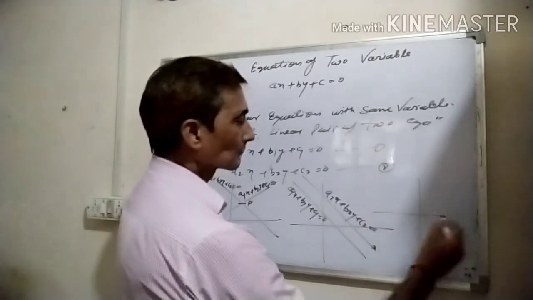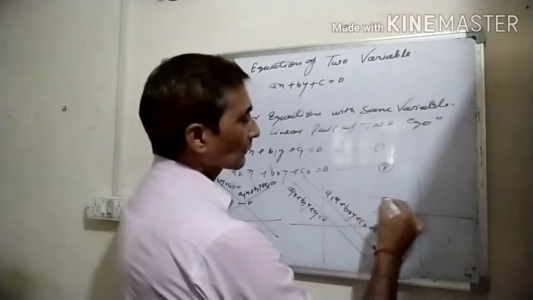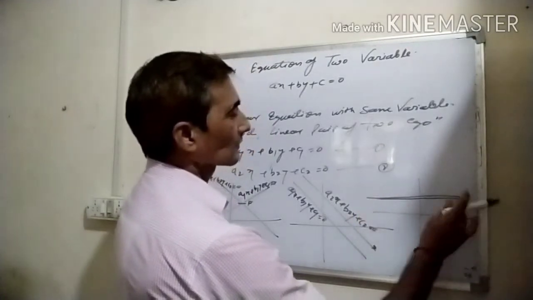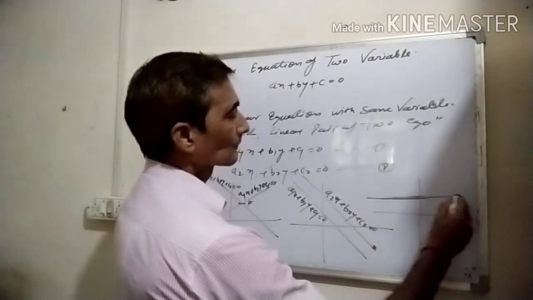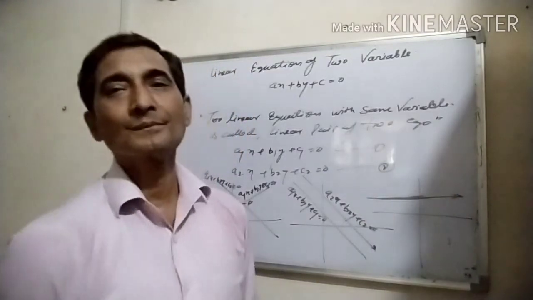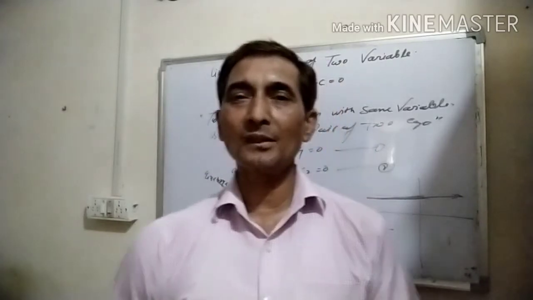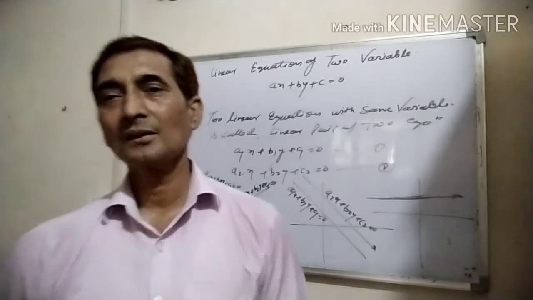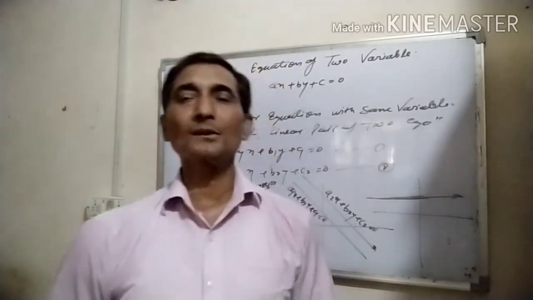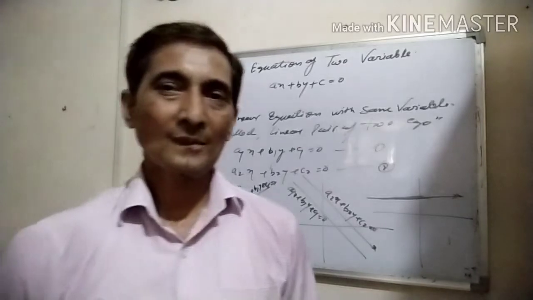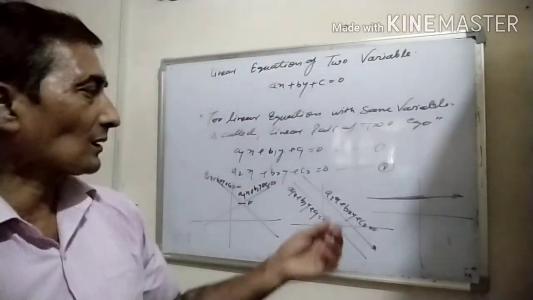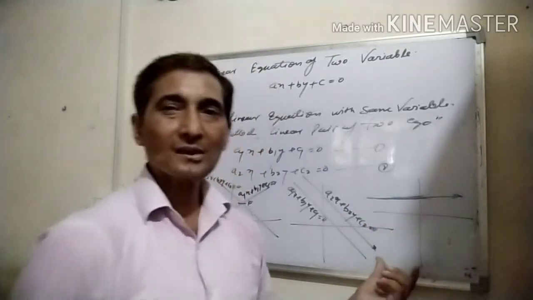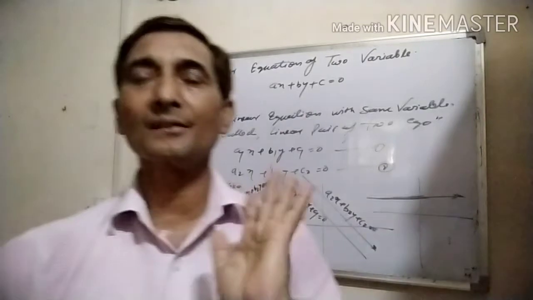Third is they overlap with each other. In that condition, if two linear pair equations overlap with each other, there are an infinite number of solutions possible, because all the points which lie on the first line also satisfy the second line.